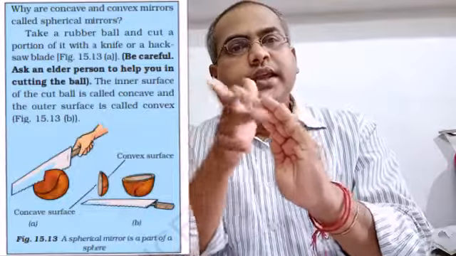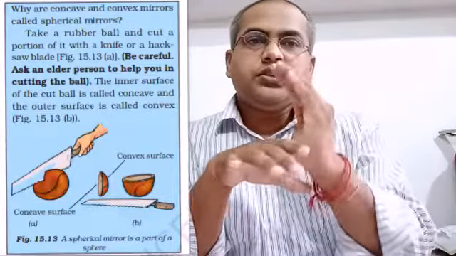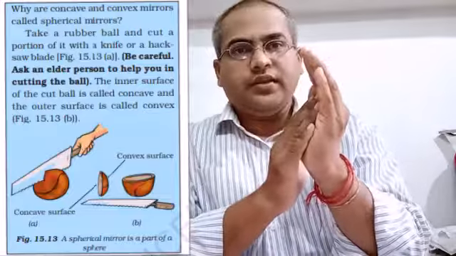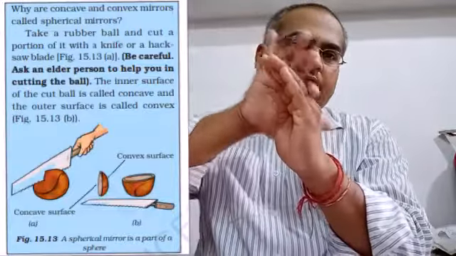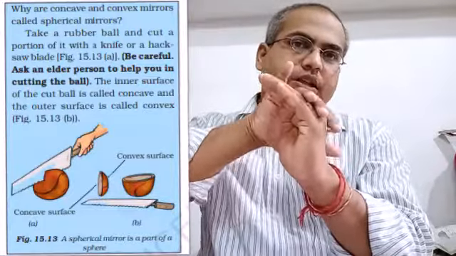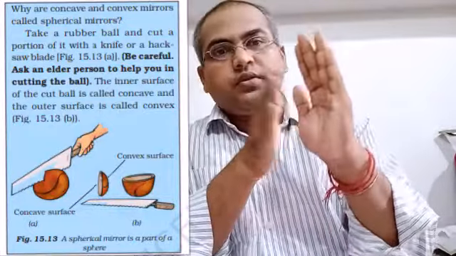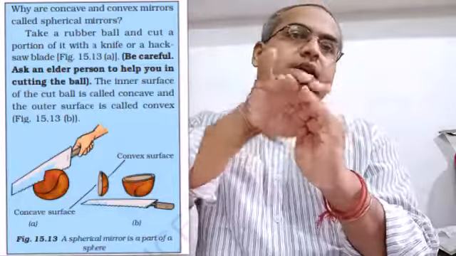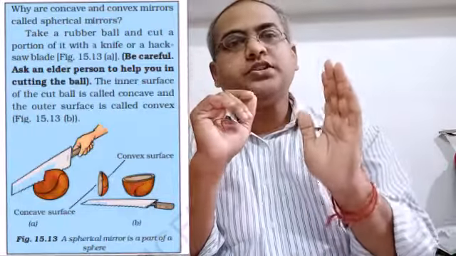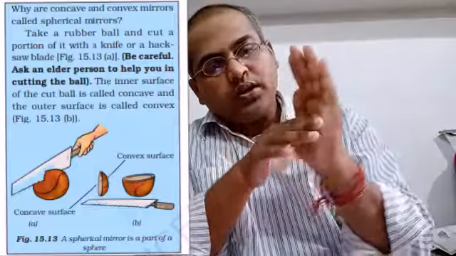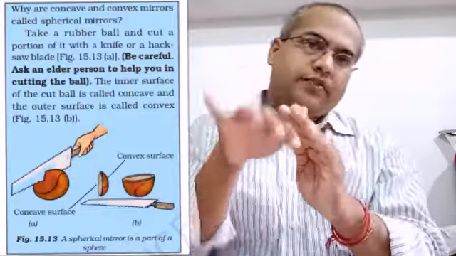So this is called the concave side, and here is a little V-shaped structure. So this is called convex. So remember, cave, concave, V, convex. This must be clear. This is concave, this is convex.